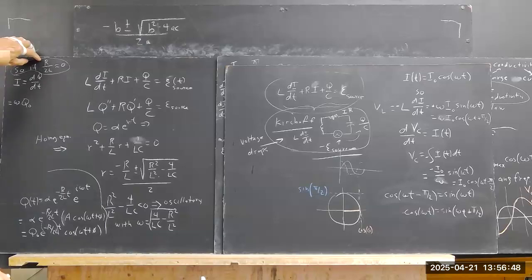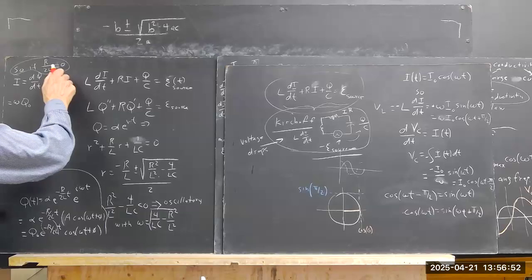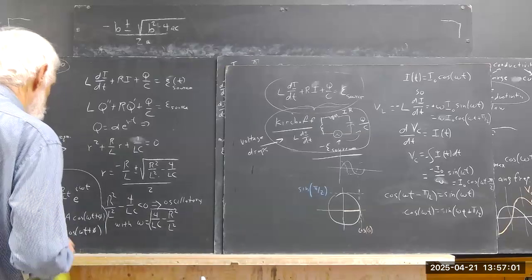In the case where R over 2L is 0, that would be the ideal case where you have no resistance, which is the case we're looking at here, at least for the moment.